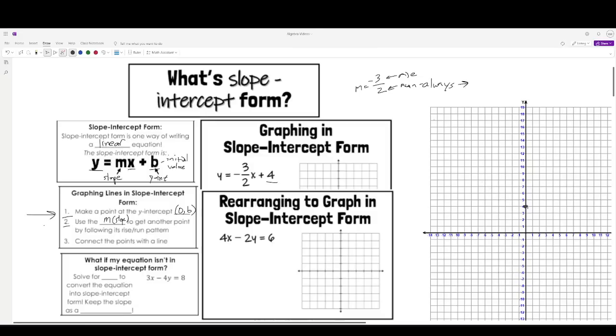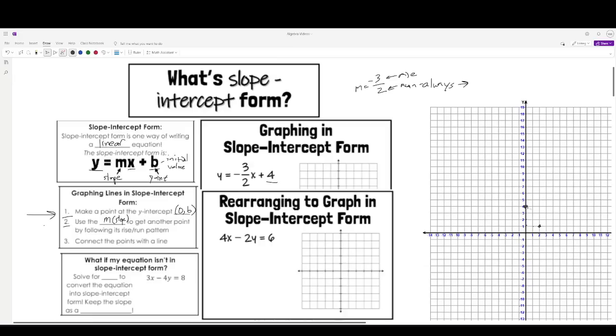Always, always. So my rise being -3, I'm going to count down 3 units. So 1, 2, 3 along my y-axis. Then I'm going to go 2 to the right because the run is always to the right. 1, 2 puts me right here at (2, 1) for my second point. So that's my next point.